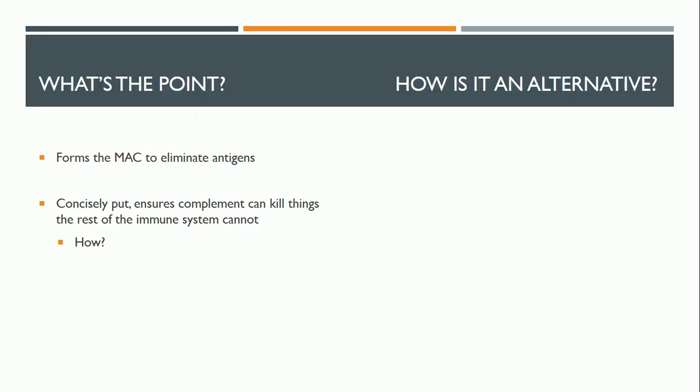So, what is the point of the alternative pathway? Alright, so we know that through the classical pathway we can have antigen-antibody interaction, and that antigen can then be identified by the complement, and a membrane attack complex can form, right?